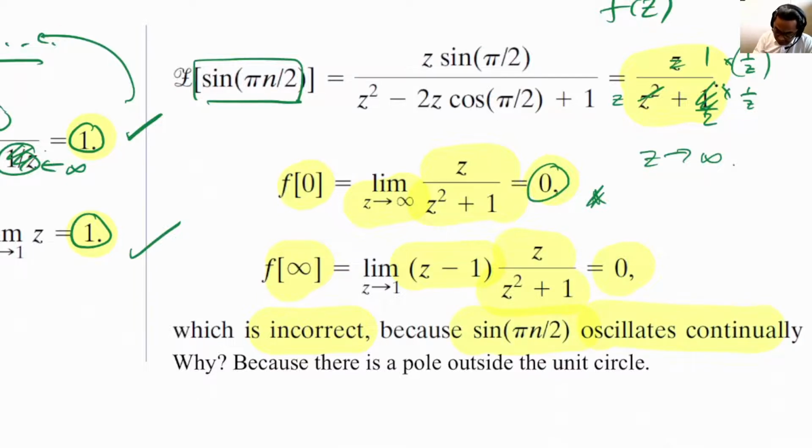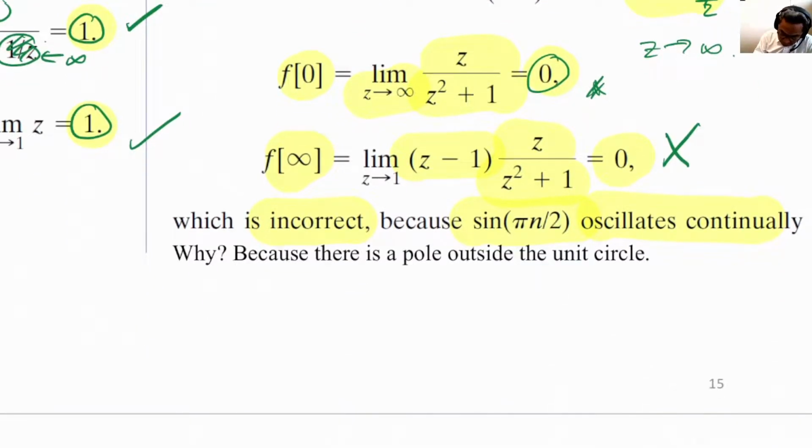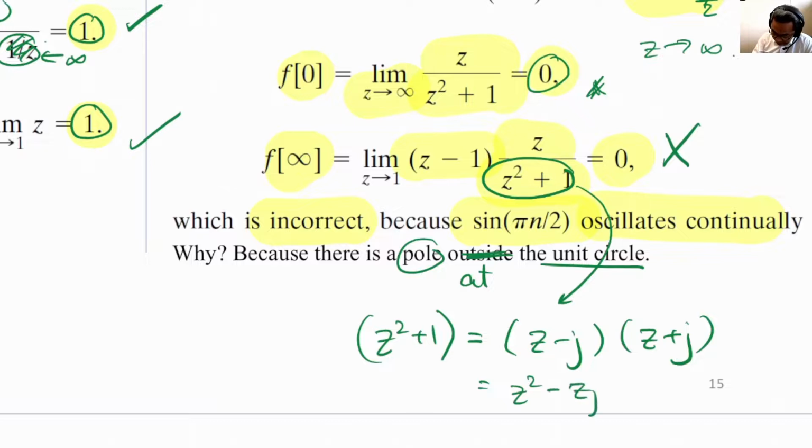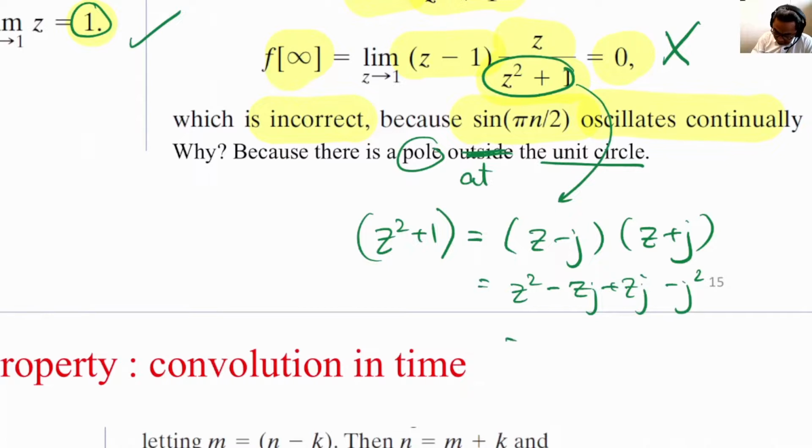So why doesn't this work? Why is this wrong? Because we didn't take care that there is a pole not outside but at the unit circle. So let's look at this. z squared plus 1, when we want to break it into roots, is z minus j times z plus j, which gives z squared minus jz plus jz minus j squared, equal to z squared plus 1.